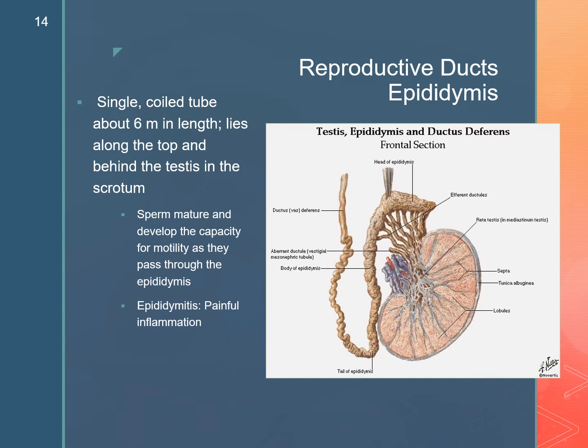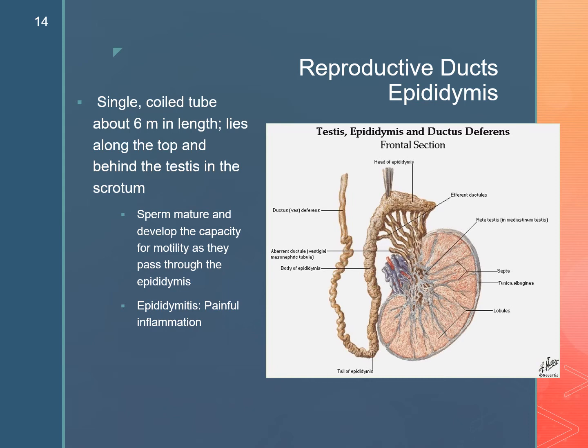And the epididymis is a single coiled tube about 6 meters or 6 yardsticks in length, and it lies at the top and posteriorly to the testes in the scrotum. And the sperm are going to mature and develop the capacity for motility as they pass through the epididymis. The epididymis is also going to be secreting nutrients for the developing sperm, and then they also absorb excessive fluid that is there as the sperm are maturing.